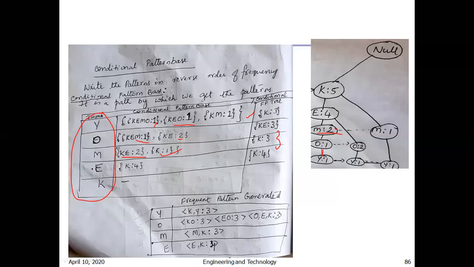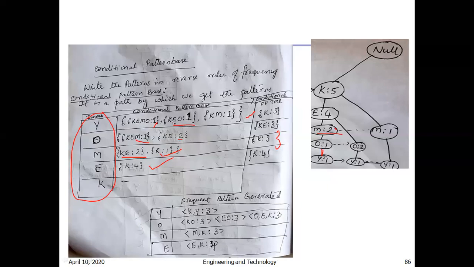Next, E. I can reach E 4 times, by K. Once K is going this way, the remaining is all 4. So that's why K: 4. Now next is the conditional FP tree. Only 10 minutes are remaining. Here we need to see which items have support 3 or more.